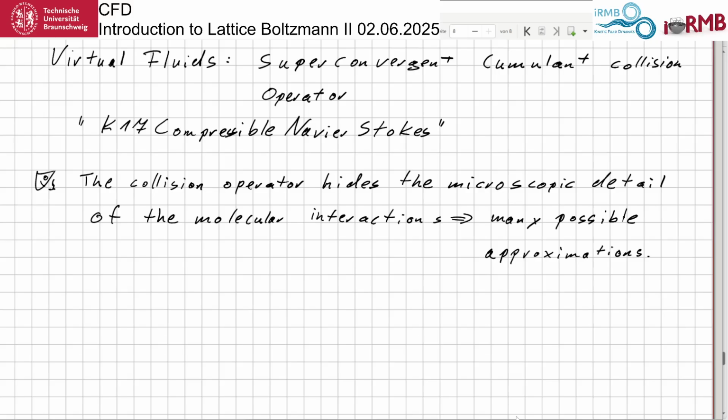However, the entire population has many degrees of freedom, and in principle, we could also regard this as a multidimensional problem, where different quantities of this population have different time scales, and this leads us to the principle of multiple relaxation times.